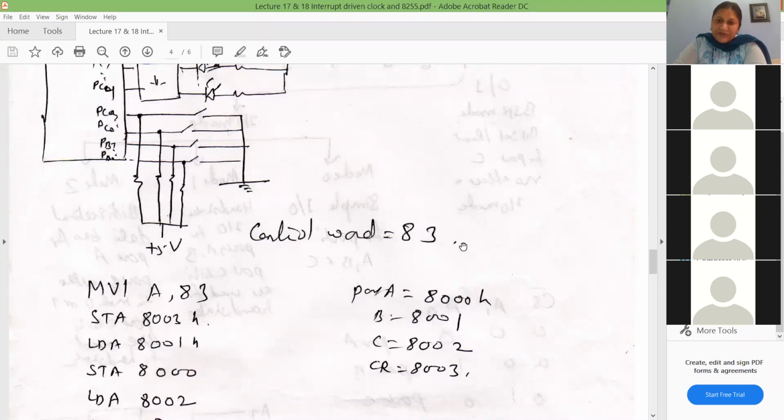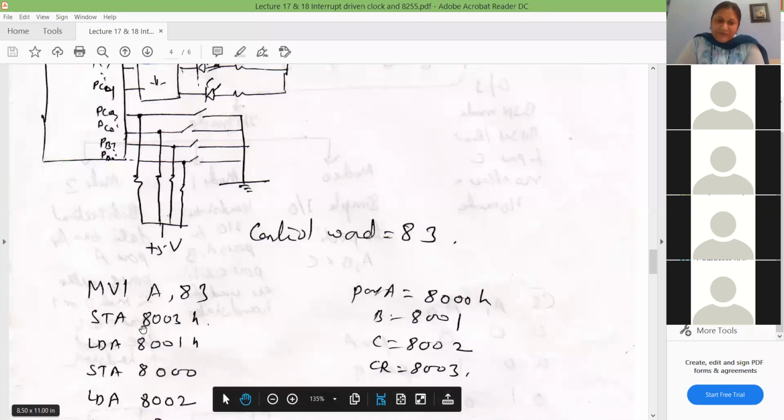Okay. Now, suppose you are using memory mapped IO. Memory mapped means you are using a 16-bit address. If you are using IO mapped, then you will be using the IN instruction and OUT instruction. But when you are using memory mapped, then you have to use the LDA instruction and STA instruction. STA means it is storing onto the address, and LDA means it is receiving from the address.